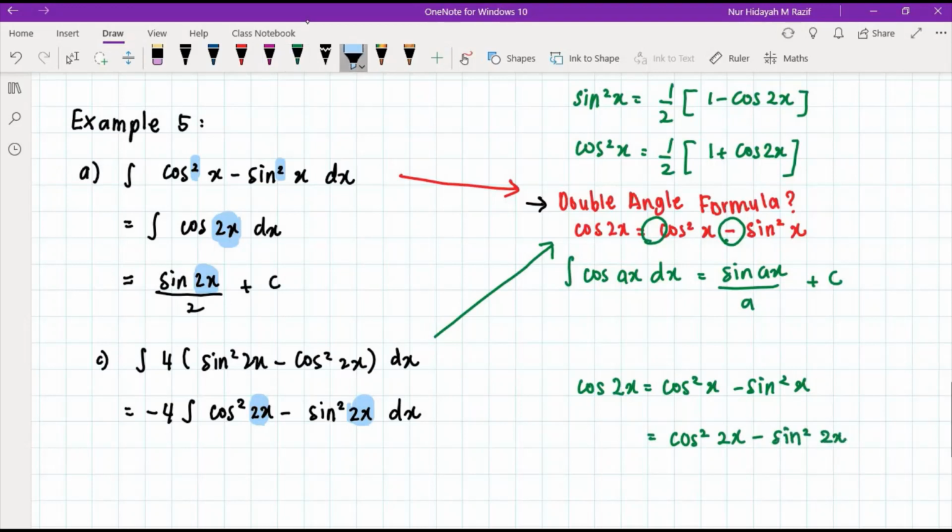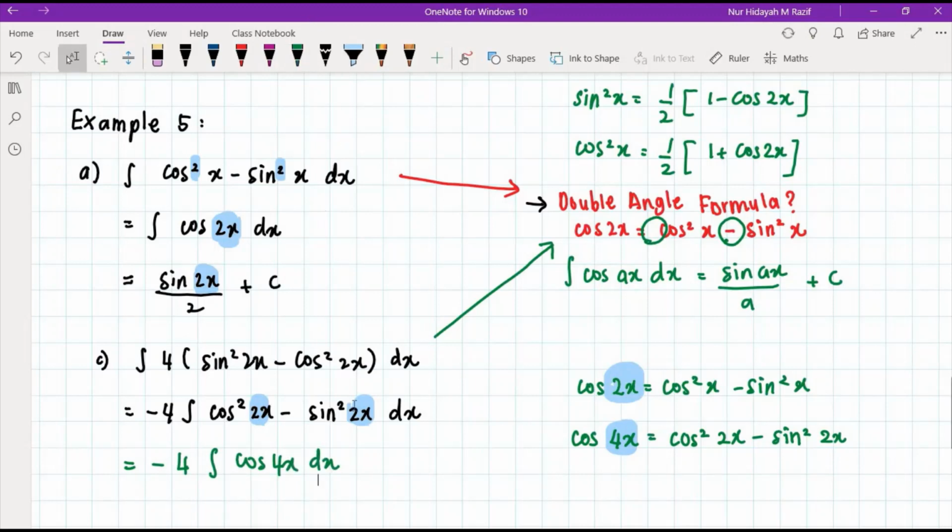Then the angle will also double here, which means I will have 2 times 2x, and that will become 4x. So the formula will change to cos 4x, and I will have negative 4 multiplied by the integral of cos 4x dx.